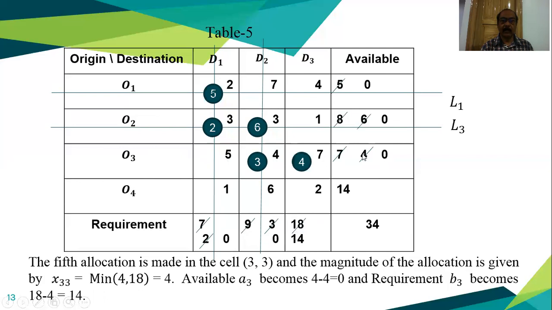After allocating the 4 units, available is 0. Nothing is available, and after meeting 4 units, the left demand is 14 units. Since the available is 0 and demand is 14 units, we have to move downwards in column D3, that is destination column 3.